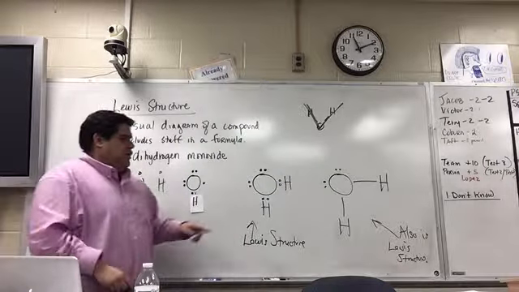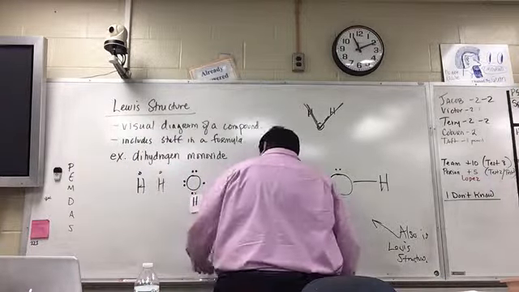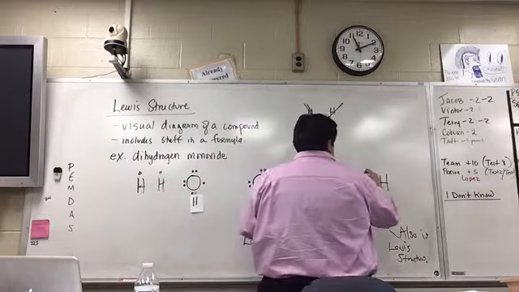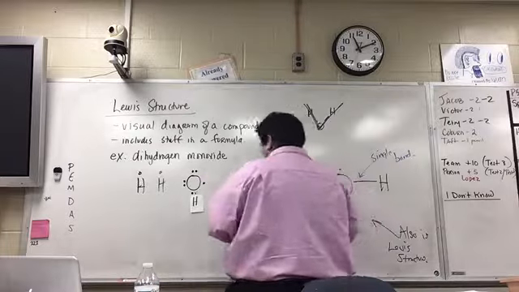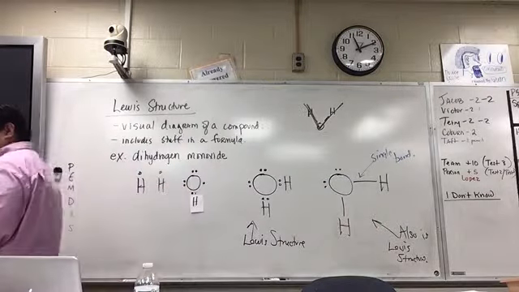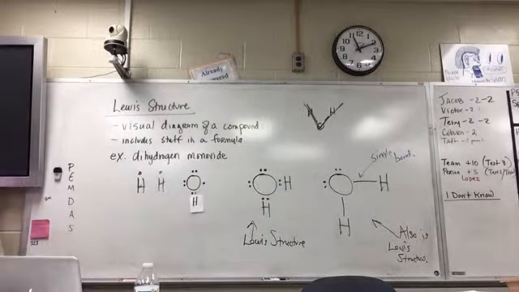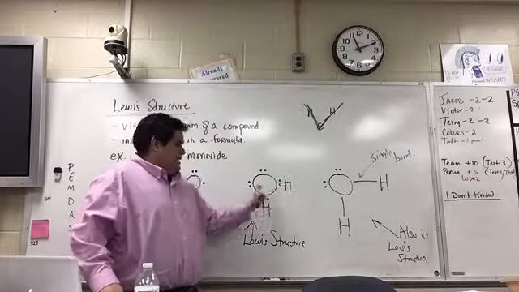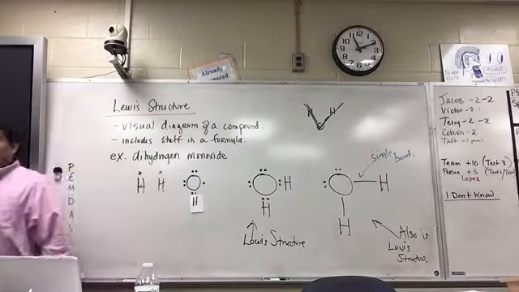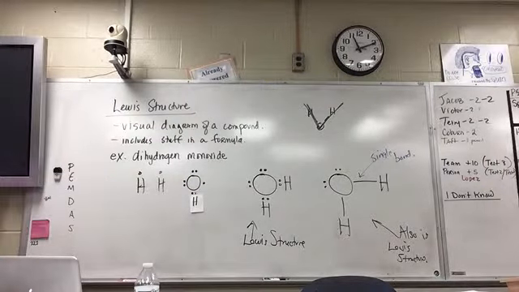Just for the sake of labeling things here, this is what we call a single bond. All right? But that's what a Lewis structure is. And again, this structure has the shape of a bent line. That's why this shape is called bent, because it's got a bent line.